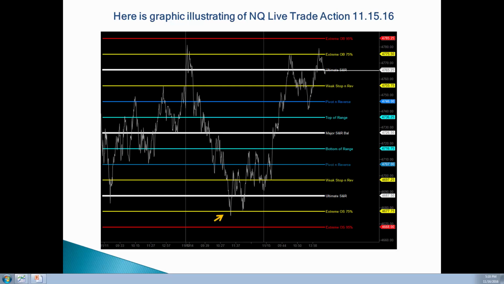At the extreme, there's a 75% chance that the market's going to reverse back up. Gets down to the minus 2.8, 95. So when it gets down to these levels, you sit up and take notice.